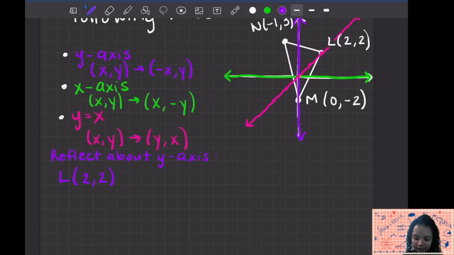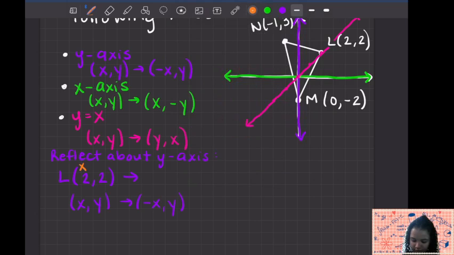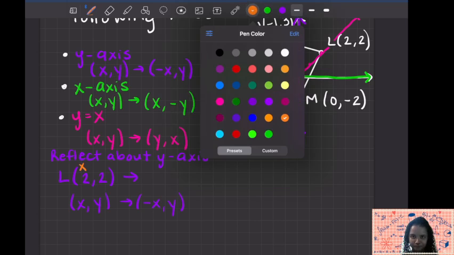The value of x for L is 2, and y is also 2. But remember, we're not changing y. So now my new point, L prime, or the image, changes the sign of x, leaves y the same.